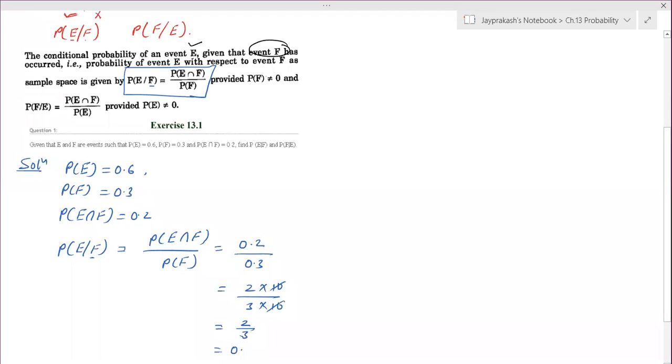You can write 0.666, approximately 0.67.